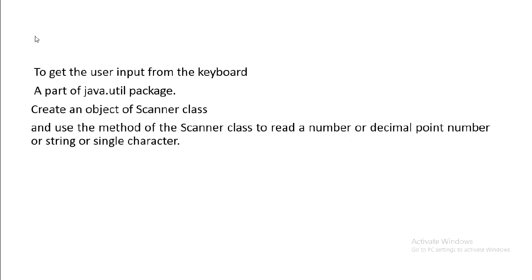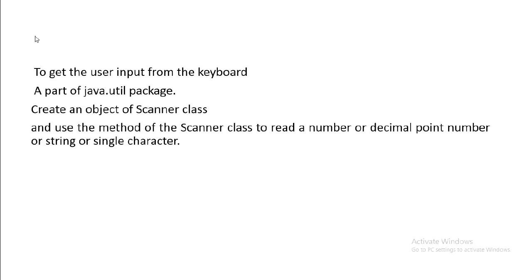So let's move down. It is used to get the user input from the keyboard. For example, if I ask you to please enter your name, what we were initially doing was initializing a variable name equal to, maybe, my name Ankita in double quotes.